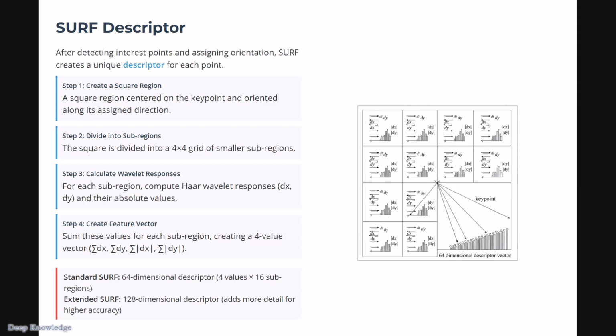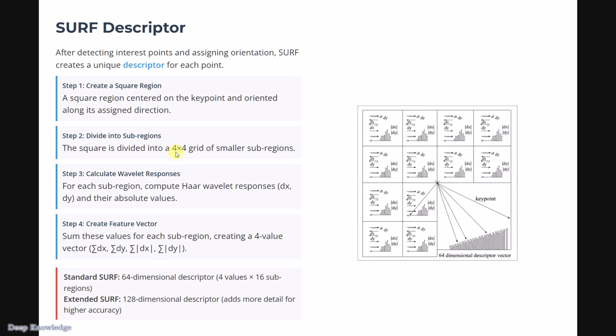It divides the image into square regions, let's see, 4 by 4 regions. Assume that this image is only, as an example, 20 by 20. If we divide into 4 by 4, it will be 20 divided by 4, so 5 by 5 sub-regions.